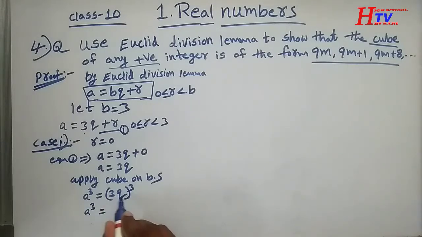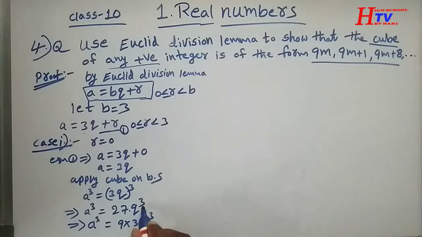So a cube equals to 3q whole cube means 3 into 3 into 3, 3 3s are 9, 9 3s are 27. q multiplied 3 times, we get q cube. So 27 q cube. That implies a cube equals to 27 q cube, where 27 can be written as 9 into 3, and write q cube as it is.